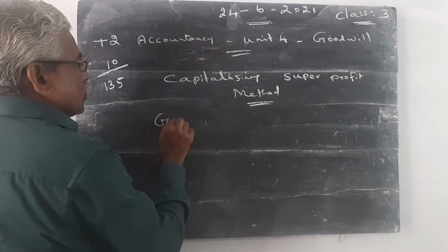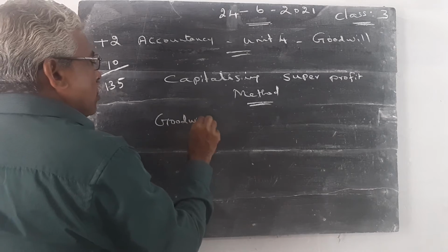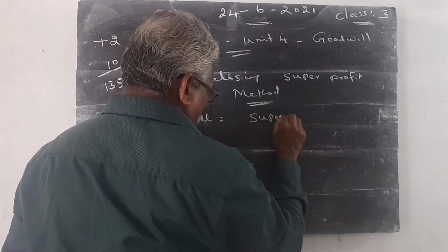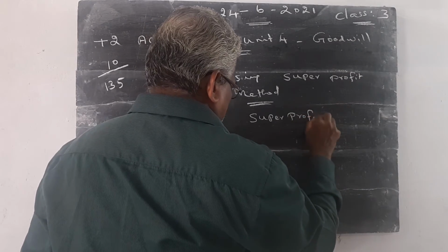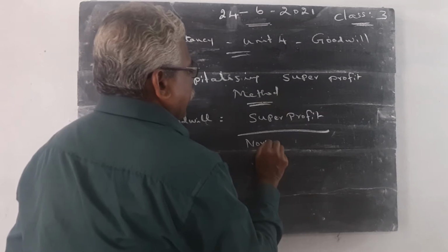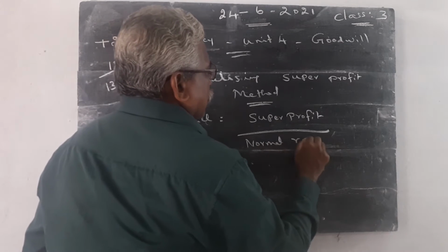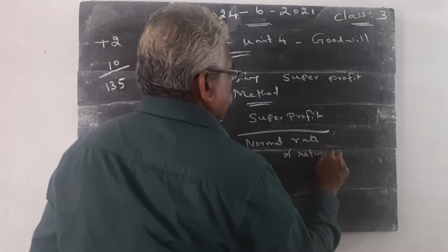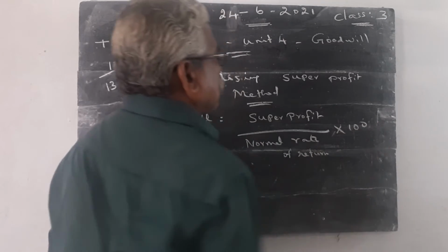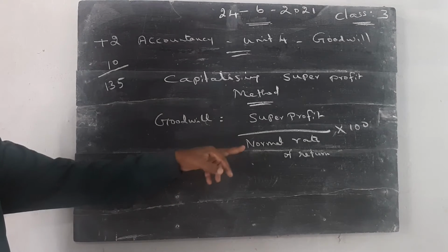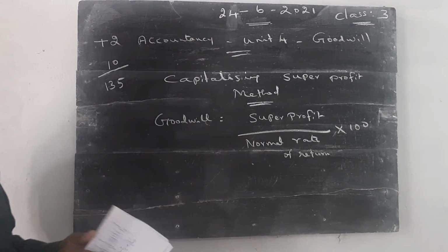Goodwill is equal to super profit divided by normal rate of return into 100.